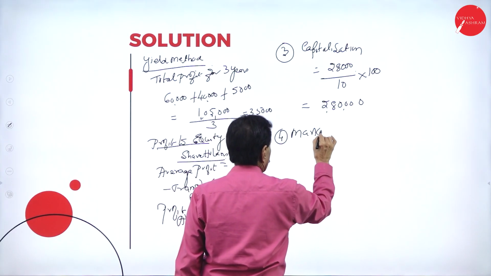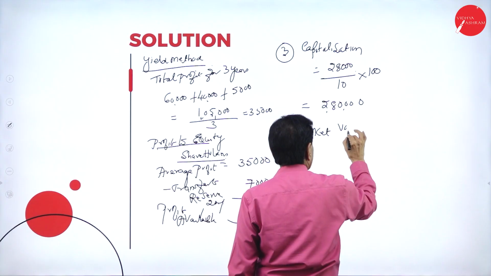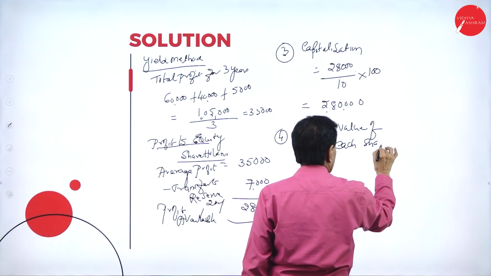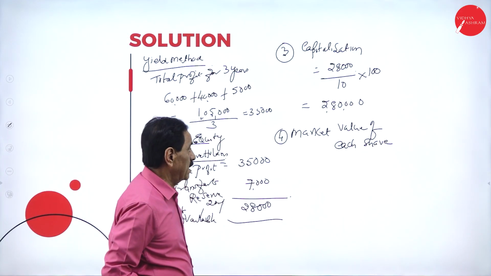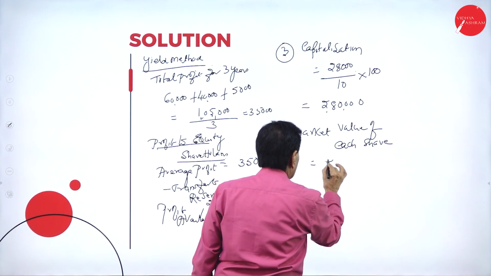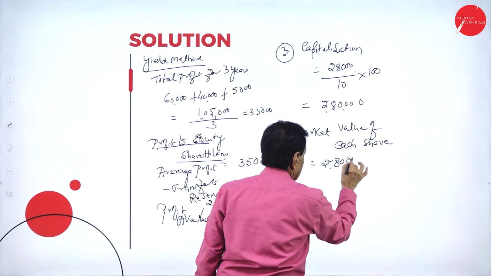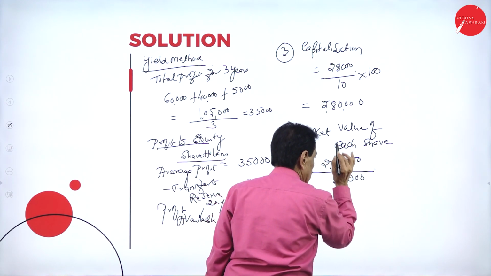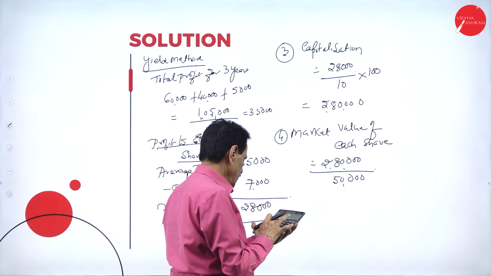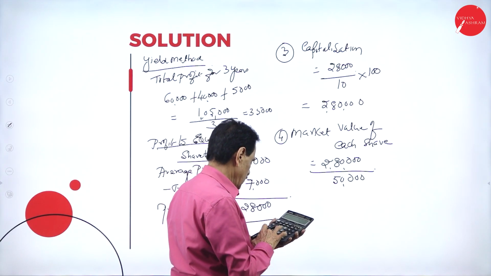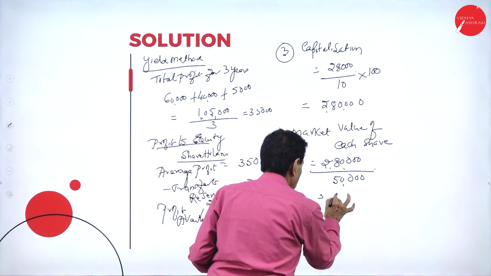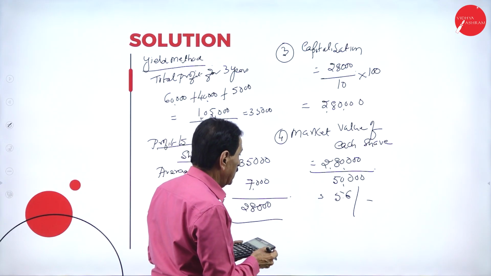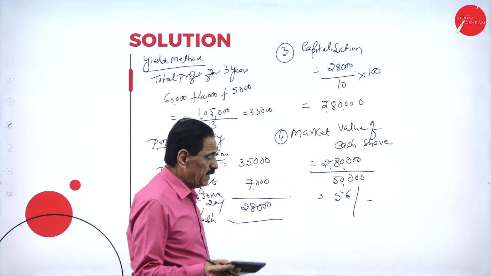Market value of each share is equal to 2,80,000 divided by 50,000 shares. 280 divided by 50 is 5.6. ₹2,80,000 divided by 50,000 means 5.6 rupees.